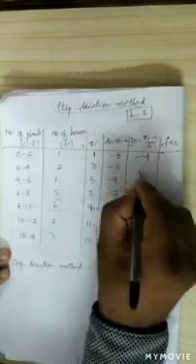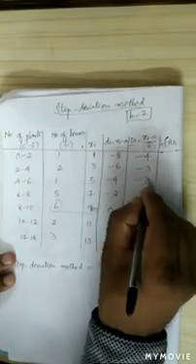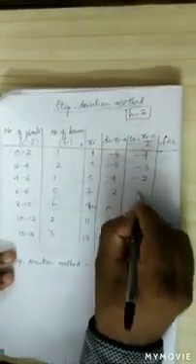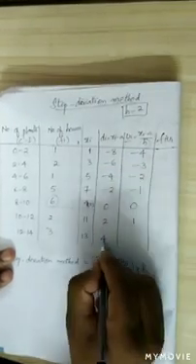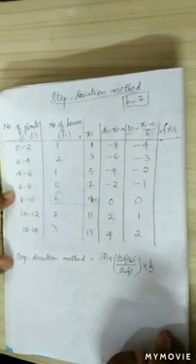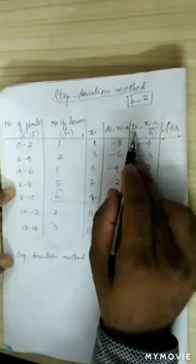Minus 6 by 2 will be minus 3. Minus 4 by 2 will be minus 2. Minus 2 by 2 will be minus 1. 0 by 2 is going to be 0. 2 by 2 will be 1. 4 by 2 will be 2. See here, we got the value of ui also.